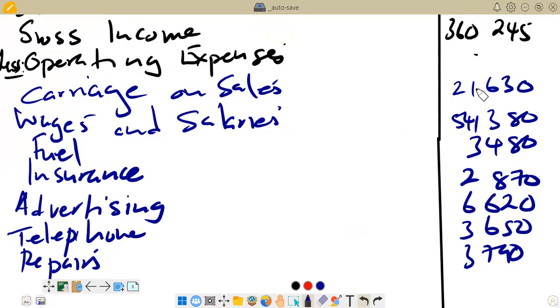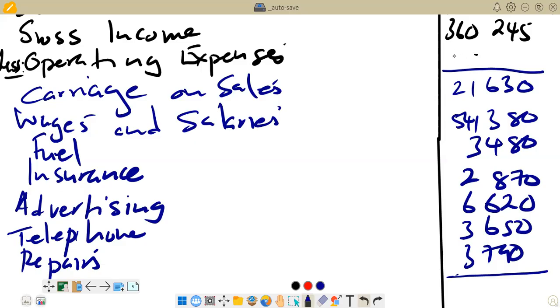So what are we saying? We are adding 541,380 plus 3,480 plus 2,870 plus 6,620 plus 3,650 plus 3,790. Then we can close here to put the total here to represent this is our total operating expense. So if you add all of this, total comes here.